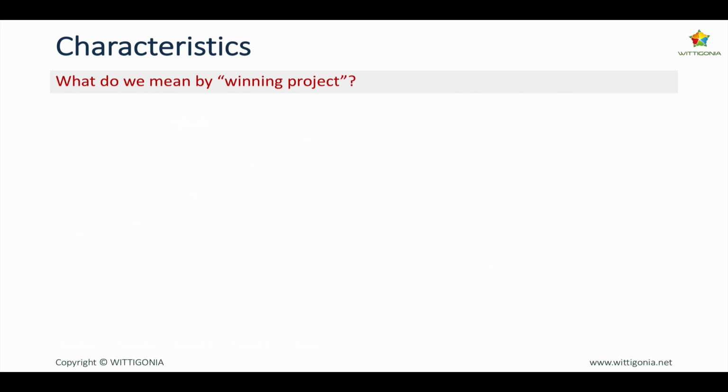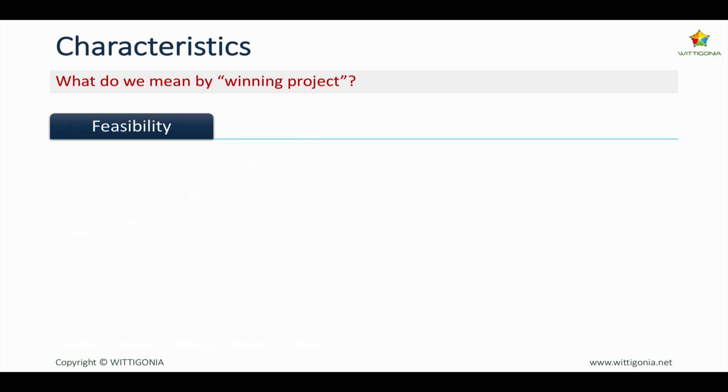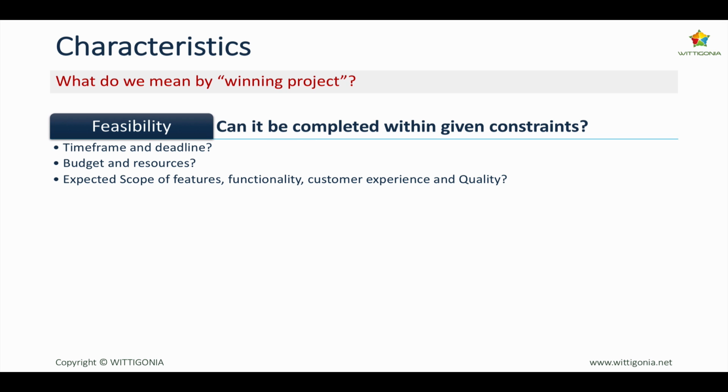Now, let's step back for a second and reconsider, what do we mean by winning projects? Well, first of all, you need to make sure that you can actually do the project. So can it be completed within a given constraint, for example, within the time frame, the deadlines, the budget constraints, the resources, people, etc. And also, does it deliver the expected scope in terms of functionality, the quality, but also the customer experience?